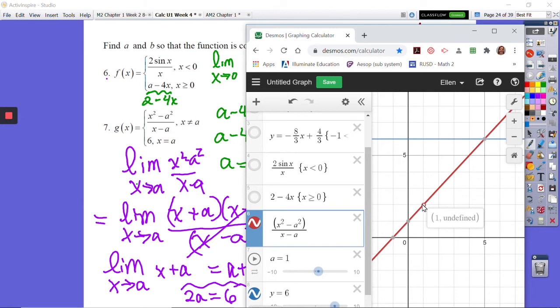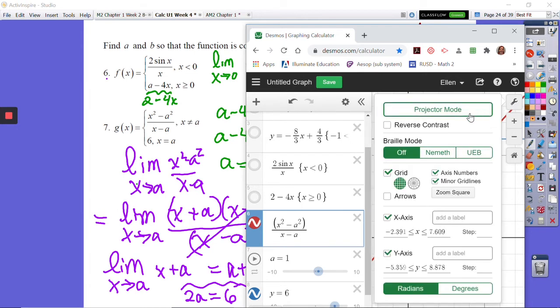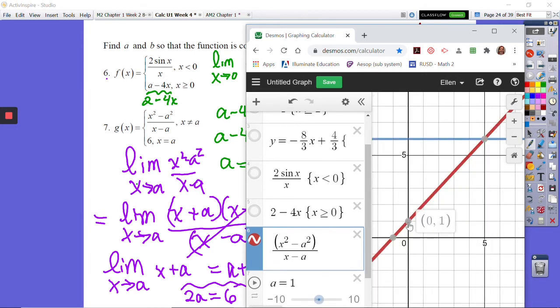So you can kind of see the hole here is at 1. So that line didn't fill the hole.